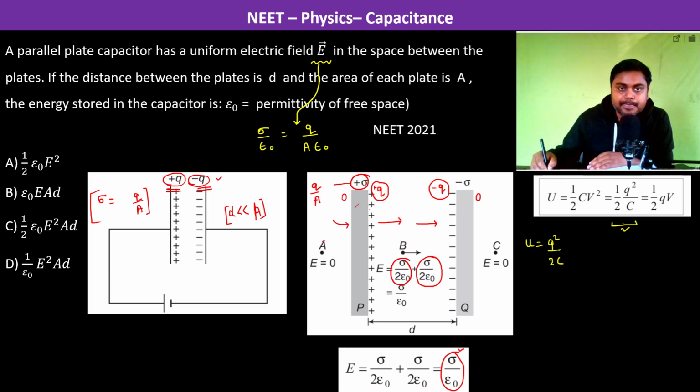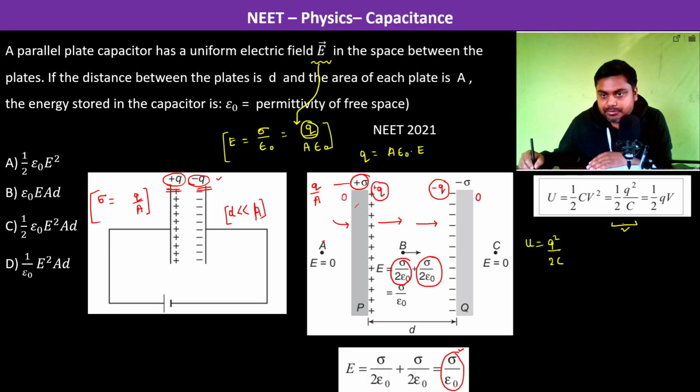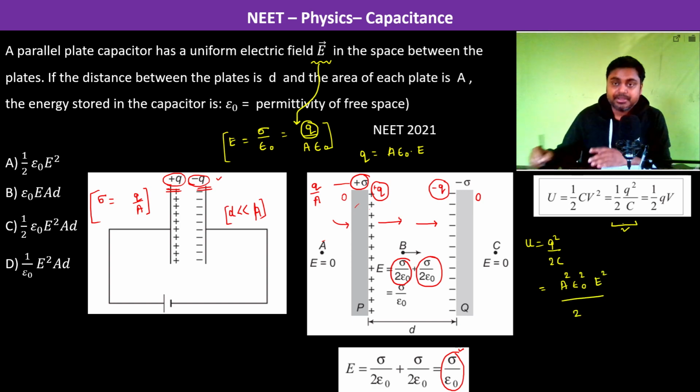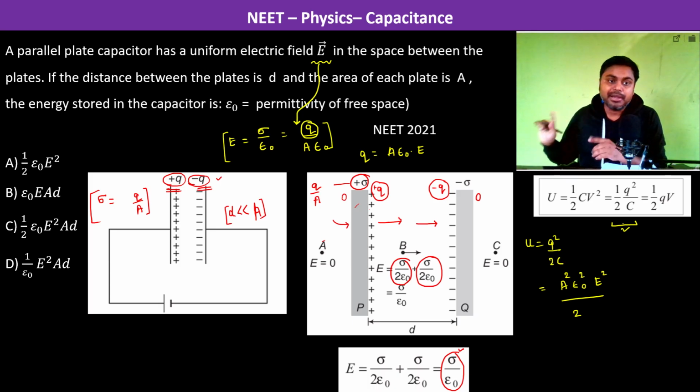Now this is the electric field. So we can substitute Q as A epsilon naught into E. So therefore this becomes A square epsilon naught square E square by 2C. And what is the capacitance of a parallel plate capacitor?